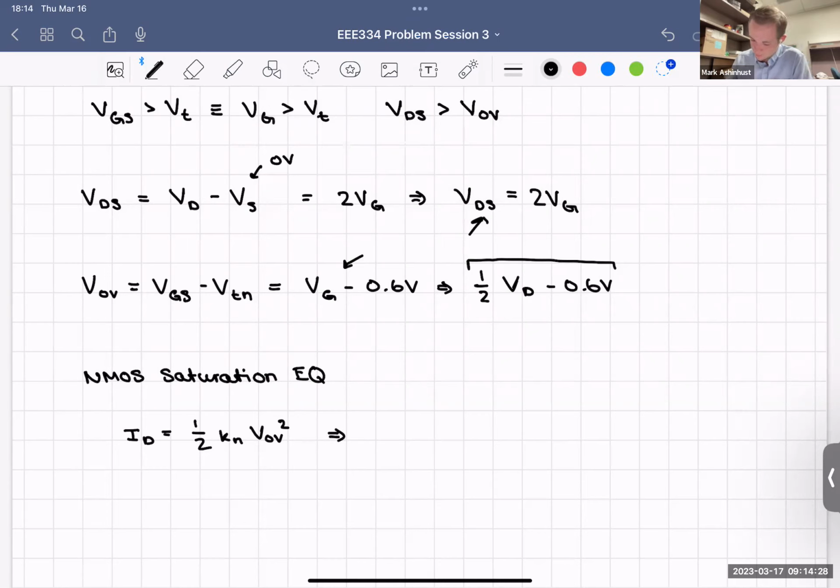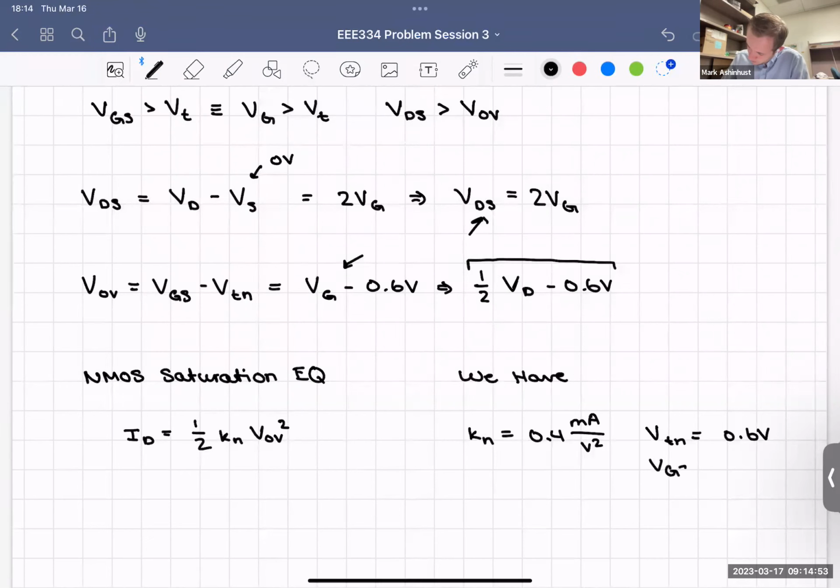So we get, we know that Kn, what we have and what we need. So what do we have? We know that Kn is 0.4 milliamps per volt squared. And we know that VTN is 0.6 volts.